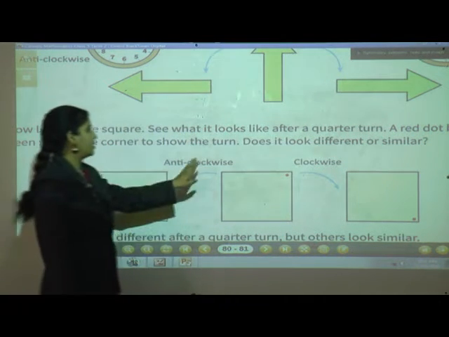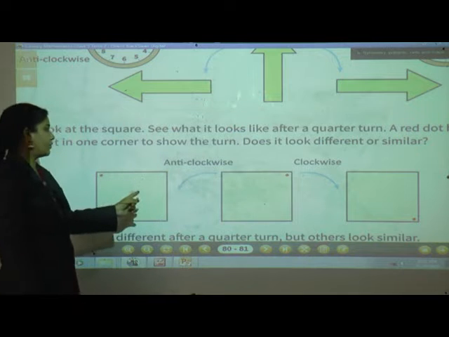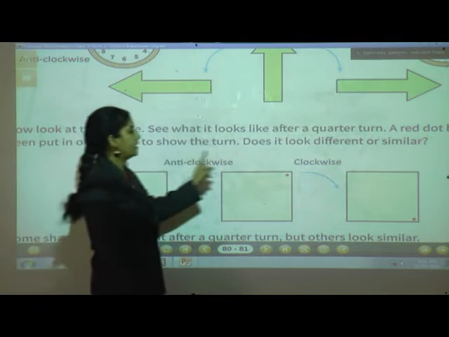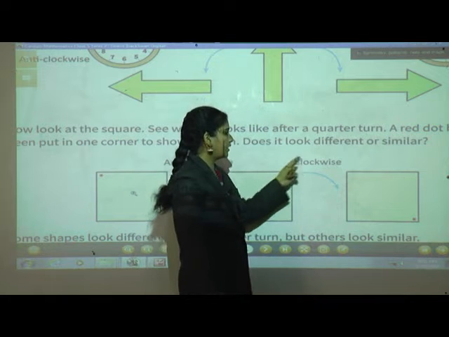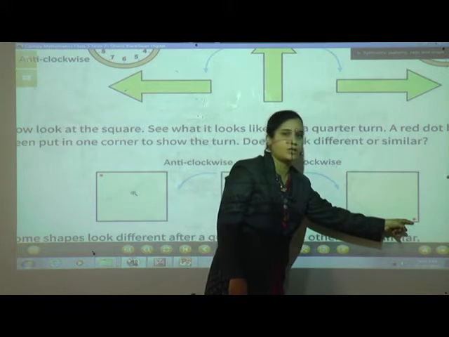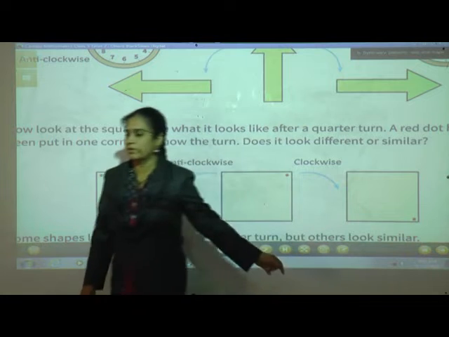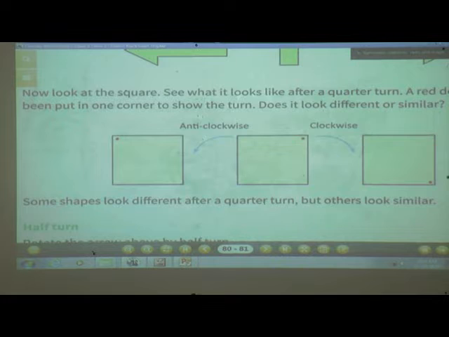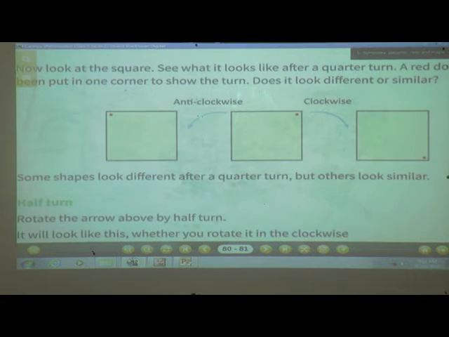If we turn it in the anti-clockwise direction, it will come here, and if we turn it in the clockwise direction, it will come here in the quarter turn. Now all of you understood what is meant by a quarter turn? Now some shapes look different after a quarter turn, but others look similar.